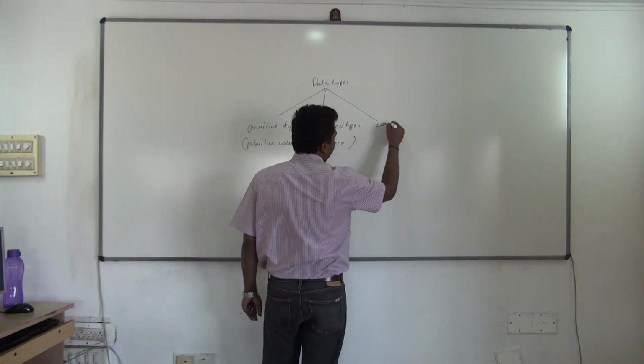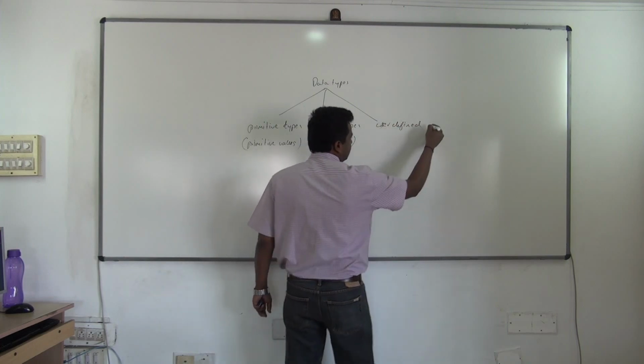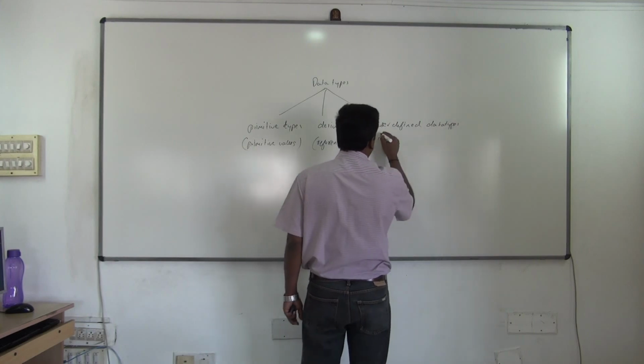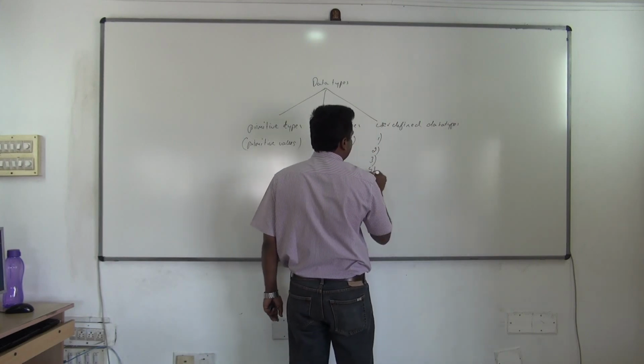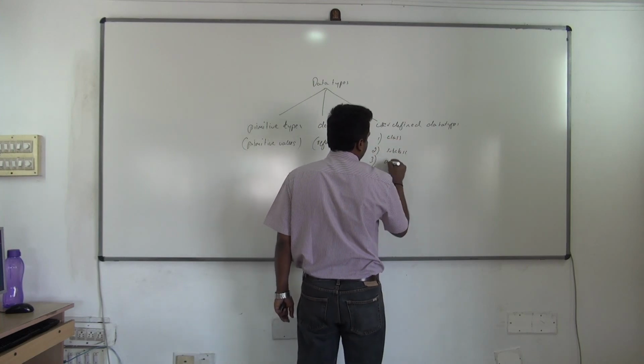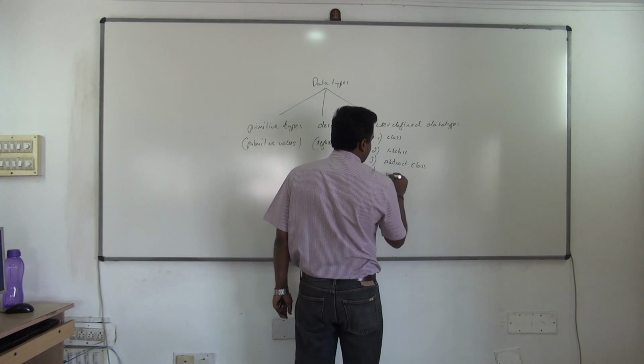Similarly, you have user defined types. So which ones are user defined data types? We are seeing the first one, but we will see more later. Class, subclass, abstract class, even interface. In fact, later on you will understand the subject.